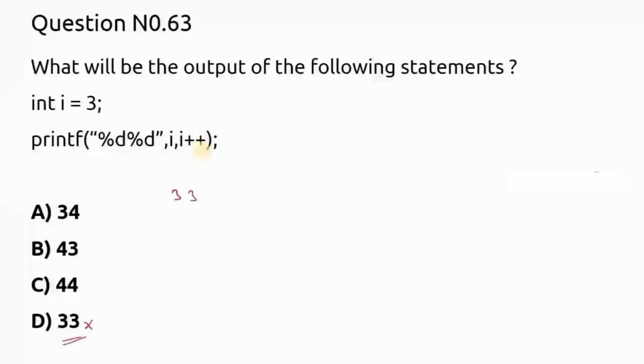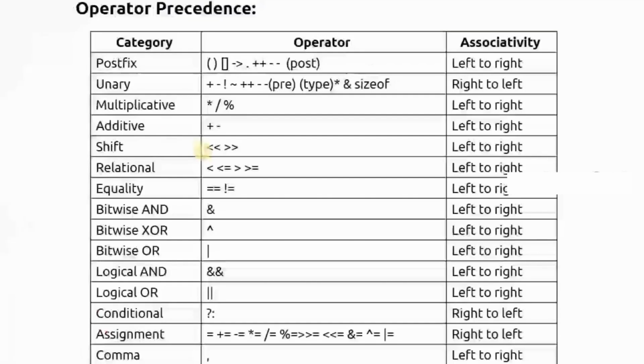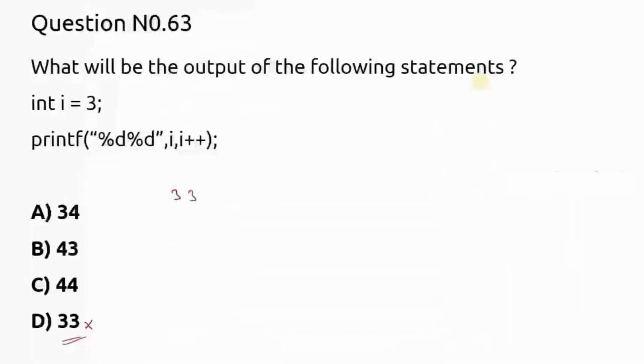If you see the operator precedence table, you can observe that for increment or decrement, the associativity is from right to left. So execution starts from right. Now if we consider this associativity, from right to left, so I plus plus. So first it has to take 3, print it, then plus plus. Now I value will become 4.